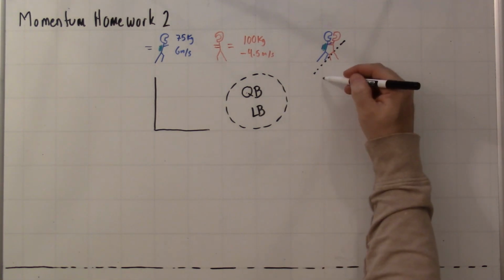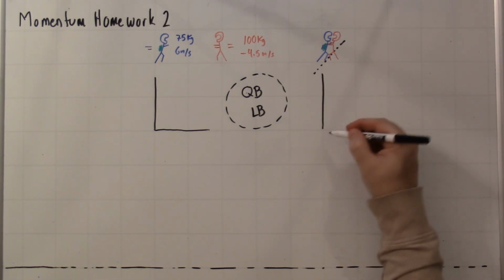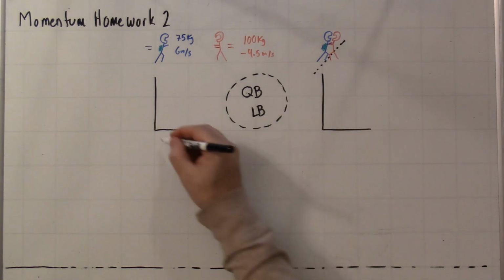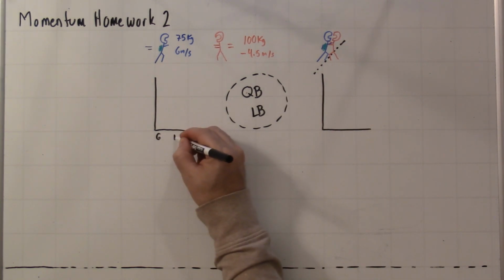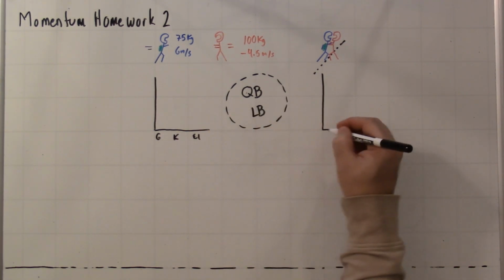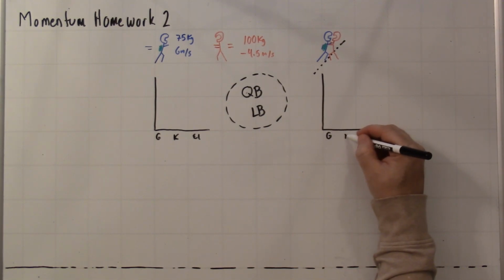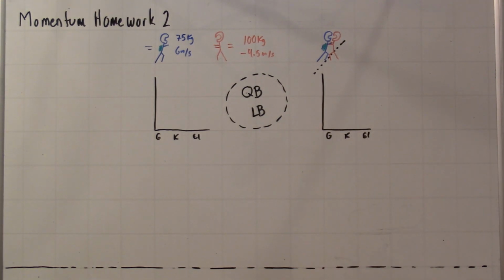Those are the guys in our system. And again, we have gravitational, kinetic, and elastic over here, and gravitational, kinetic, and elastic over here. So that looks pretty cool there.